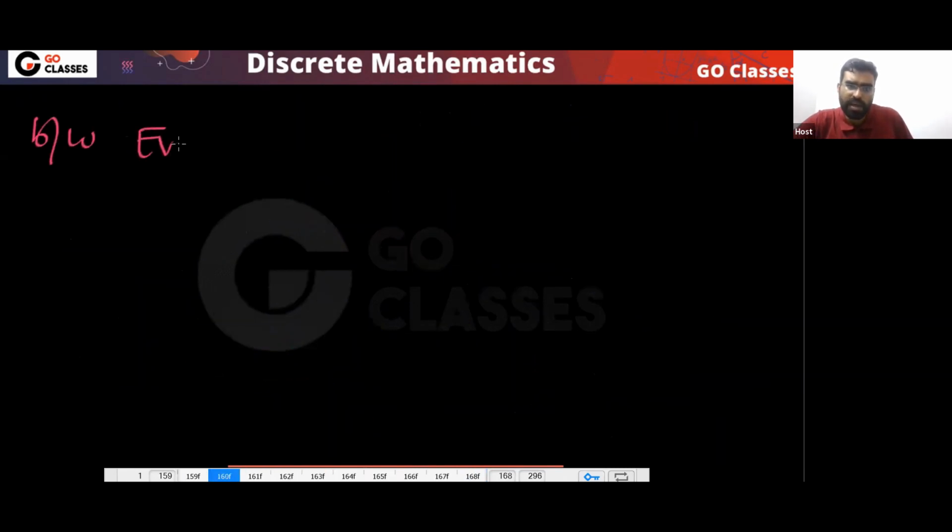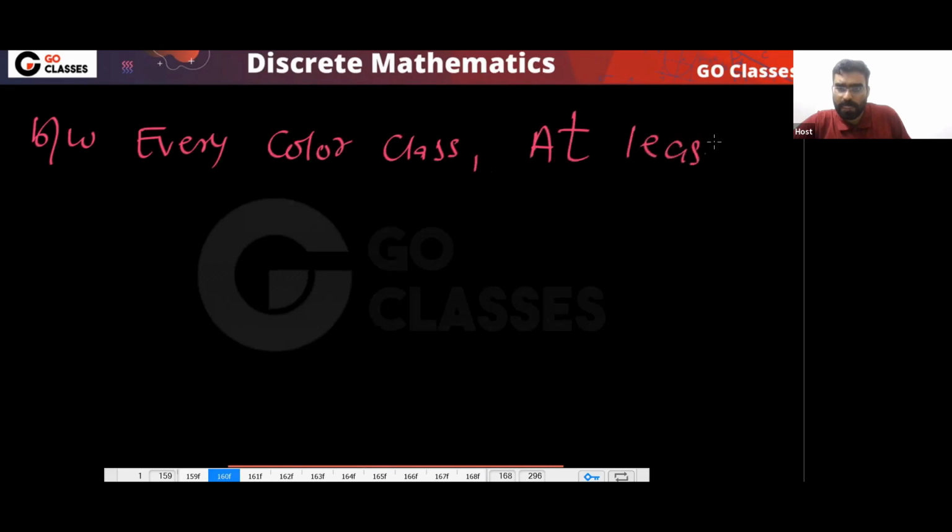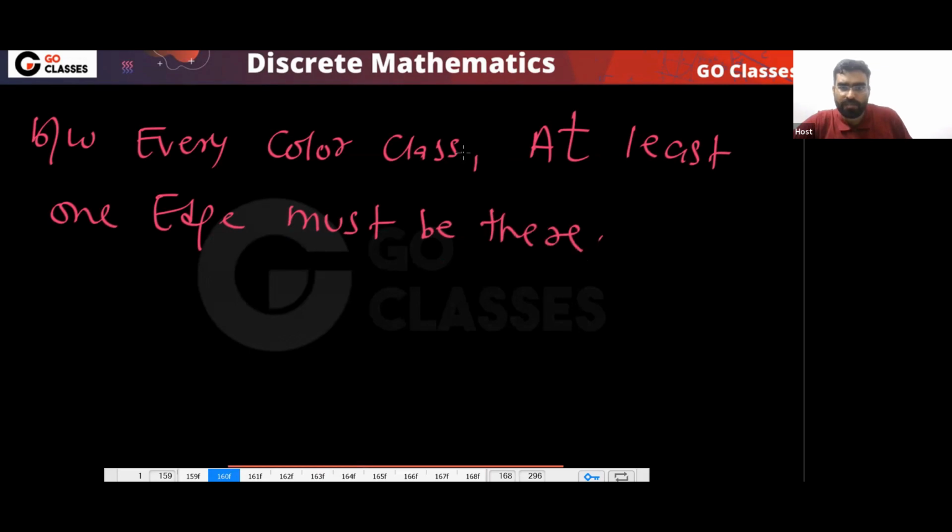So between every color class, remember, at least one edge must be there, in a minimum coloring.